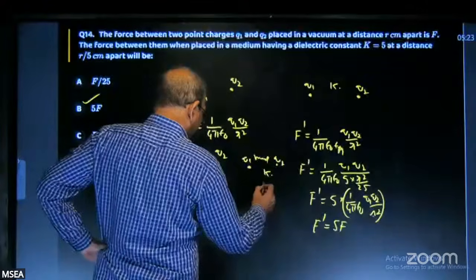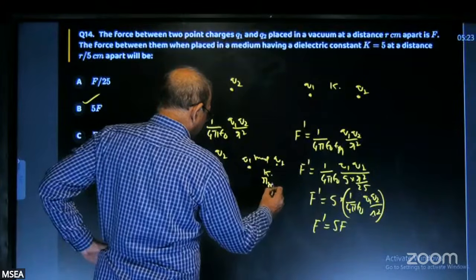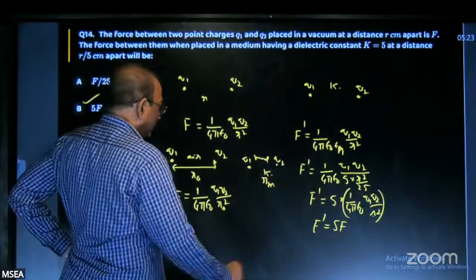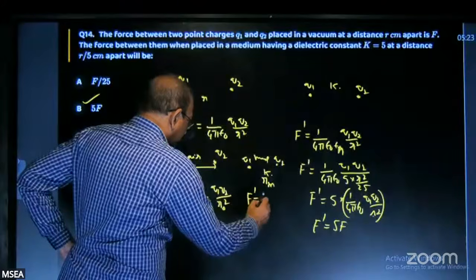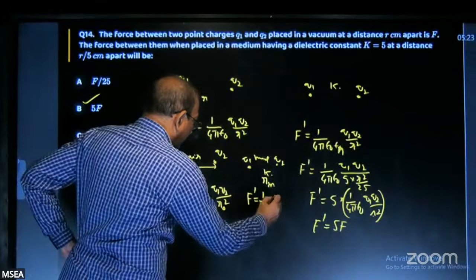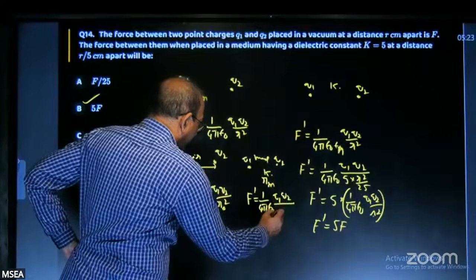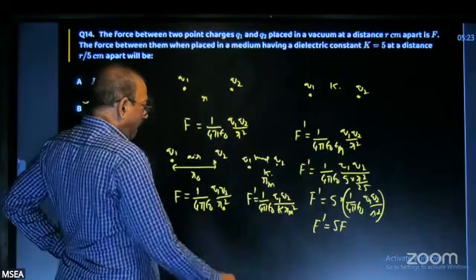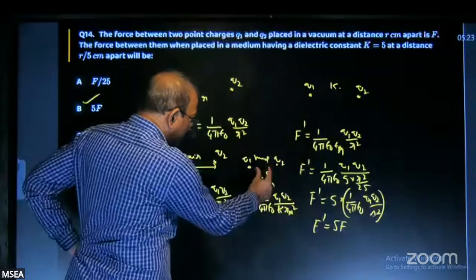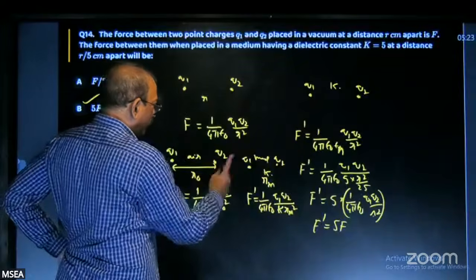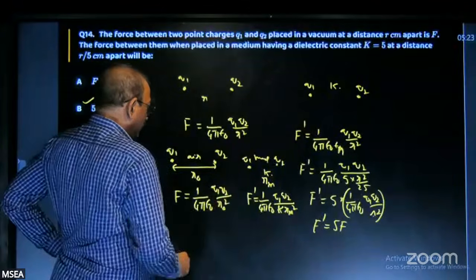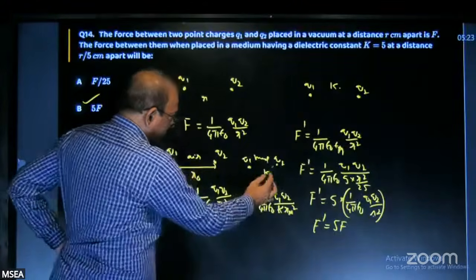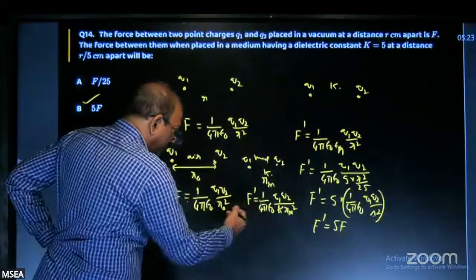Suppose these two are separated by another distance in the medium, Rm I am taking. Now the force is 1 by 4 pi epsilon naught Q1 Q2 by K Rm square. What I want is, I have reduced the distance between them so that the force in both cases is the same. So the force exerted when they are in air and the force exerted when they are in the medium, both are equal.